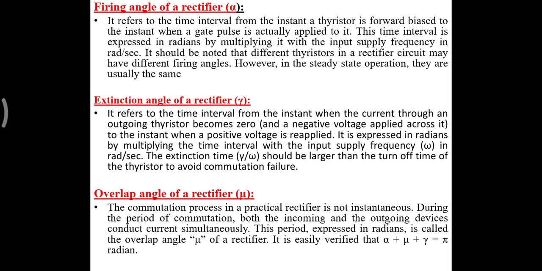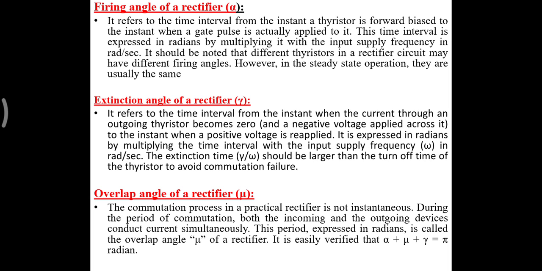The firing angle in itself indicates at what time the SCR is going to be in forward condition. This firing angle is expressed in radians per second, multiplied by the input supply frequency. So generally overall this firing angle can be expressed in radians, that means omega.